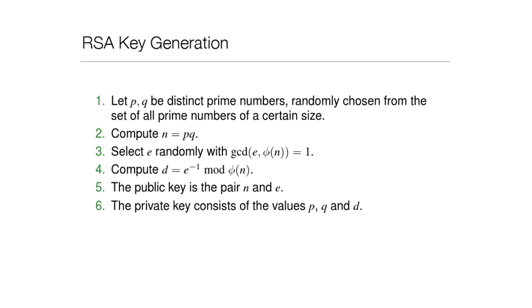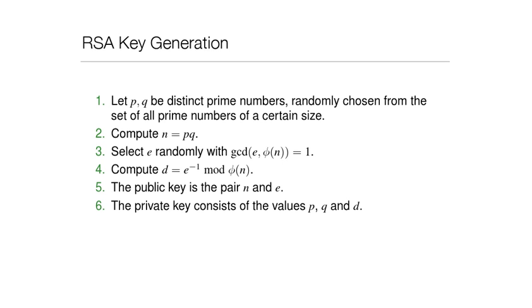Because once P and Q are available, anybody can compute the phi n value. E is a public value, and the outside world knows that. Once E is known and phi n is known, anybody can compute the D value. That's why we have to keep P and Q as secret values.